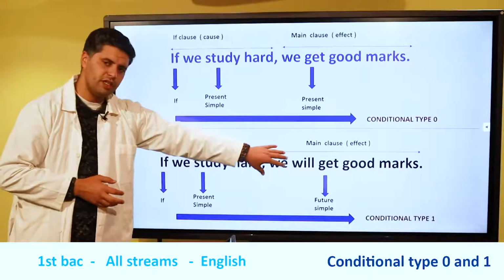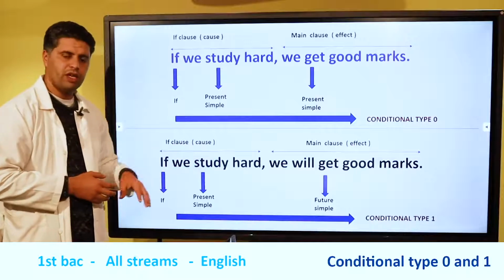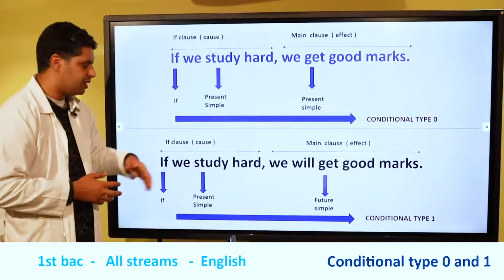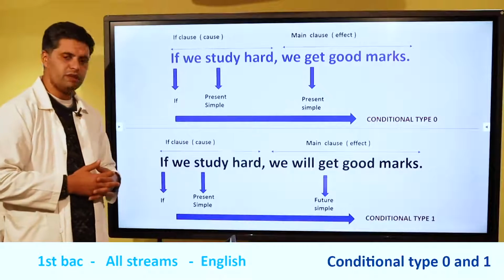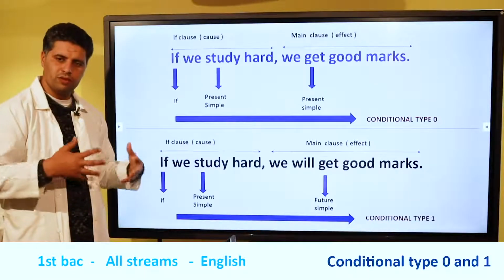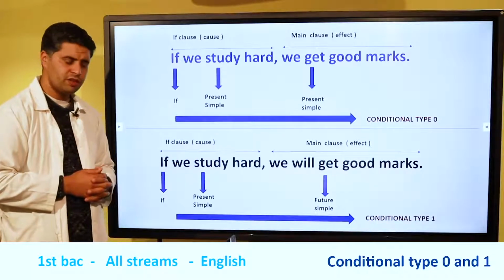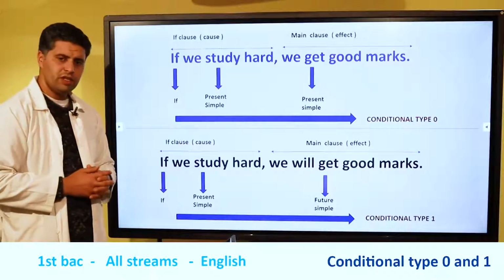So here we have a cause and an effect. The if clause is always associated with the cause, and the main clause is always associated with the effect. But here the structure is different.